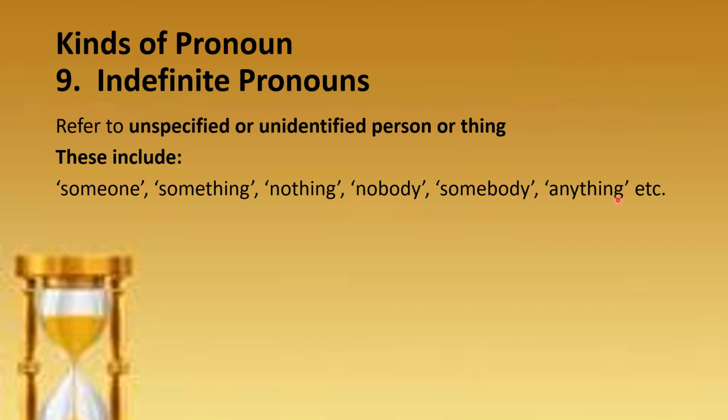These pronouns are unspecified or unidentified. See the example. Someone has stolen my pen. As someone has stolen your pen, you don't know the person, the person is unidentified, so it is an indefinite pronoun.